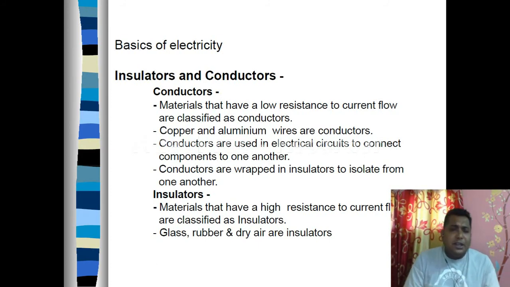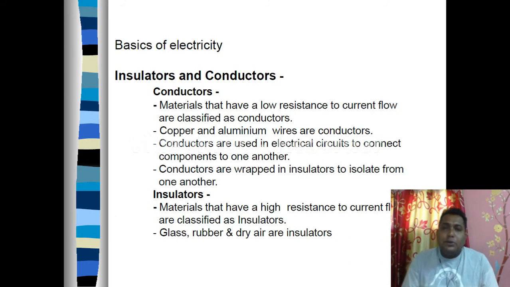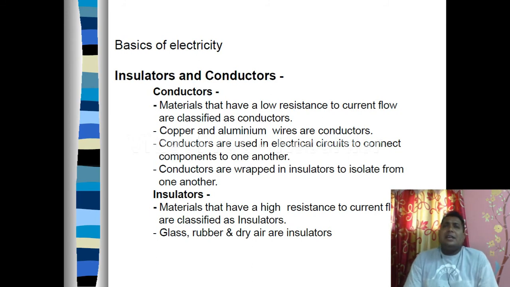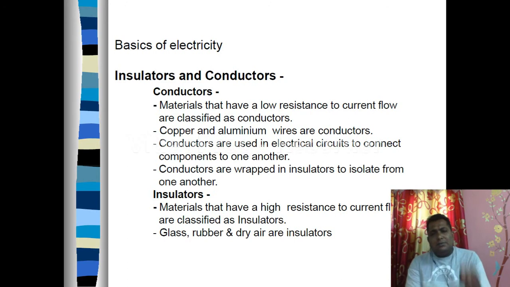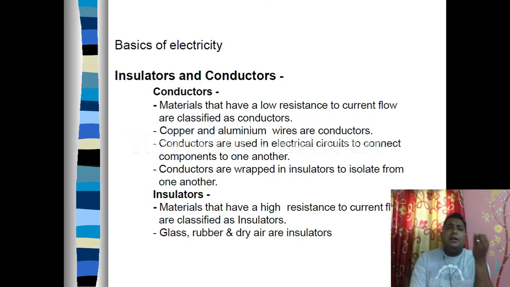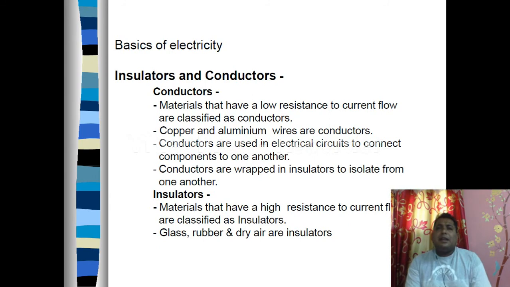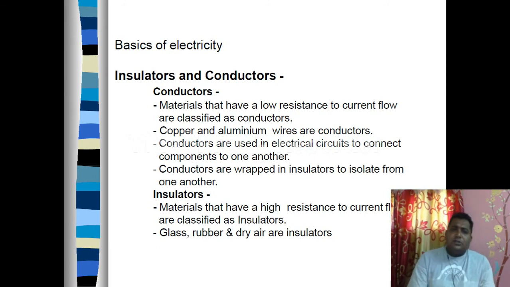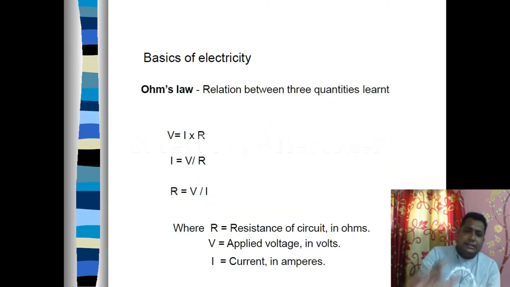That is the property of an insulator. The reverse case is for a conductor. In a conductor we need more free electrons, so we choose an element with a higher number of free electrons and very weak bonding between nucleus and electrons, so that if we supply very few volts or very little potential, the electrons can come out of the orbital and current can flow through it. These are the properties of insulators and conductors.